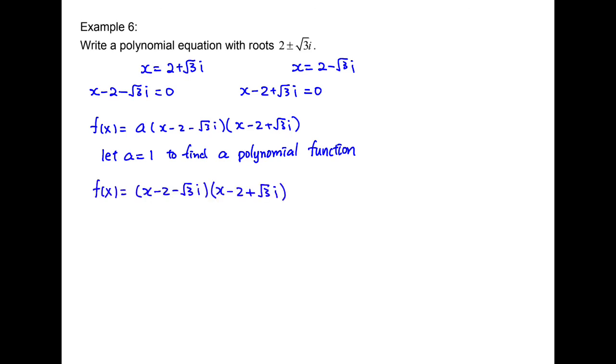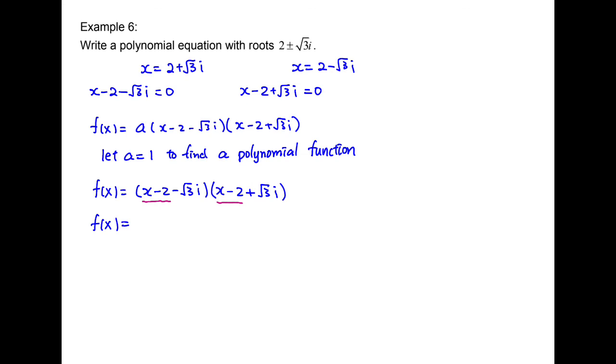After we substitute 1 into the function f(x), we're supposed to expand and simplify. But if we look at it closely, we can see they have the common term x minus 2. And if we replace x minus 2 with the variable a, then I can read it like this: a minus b times a plus b, which is the factor form of difference of squares.